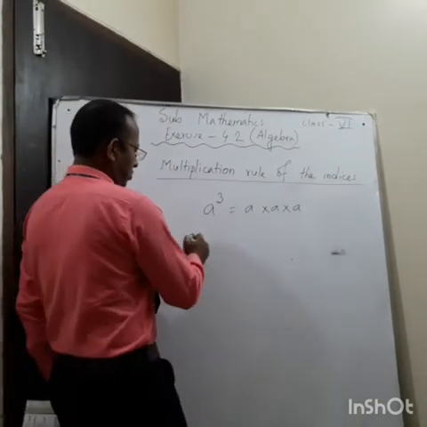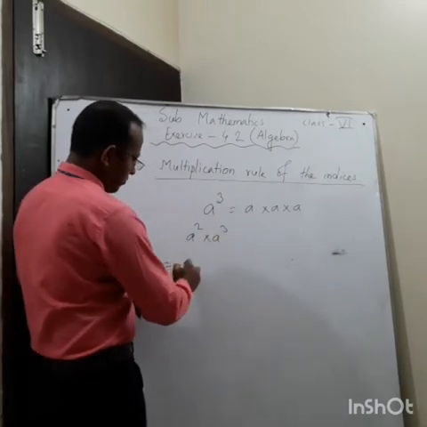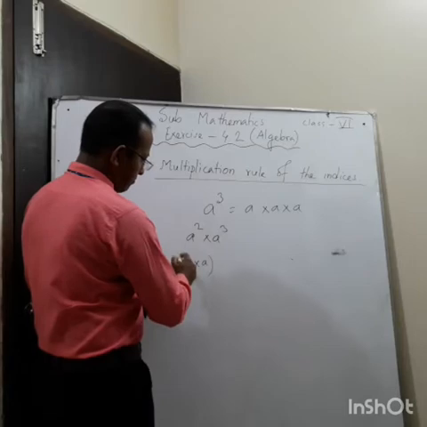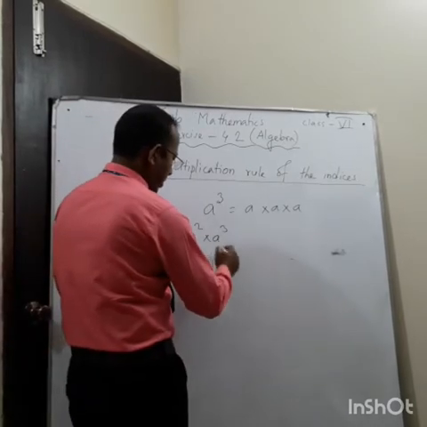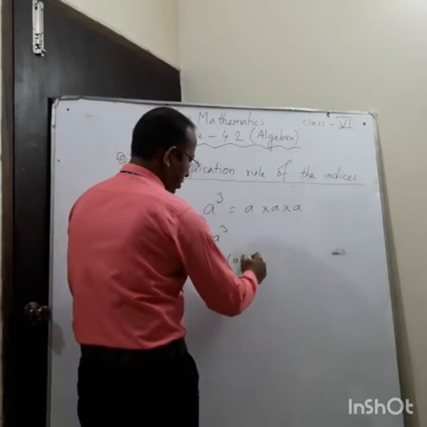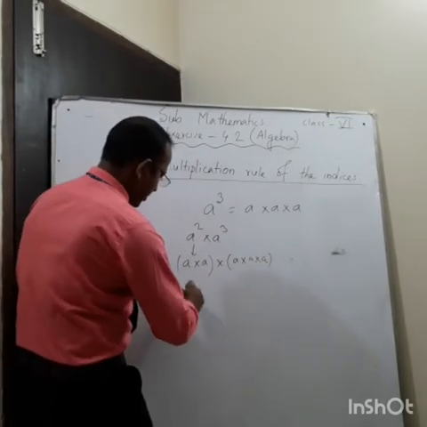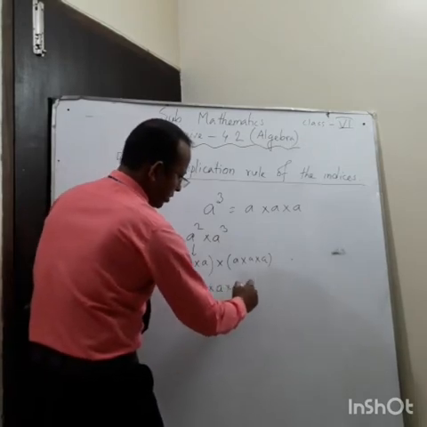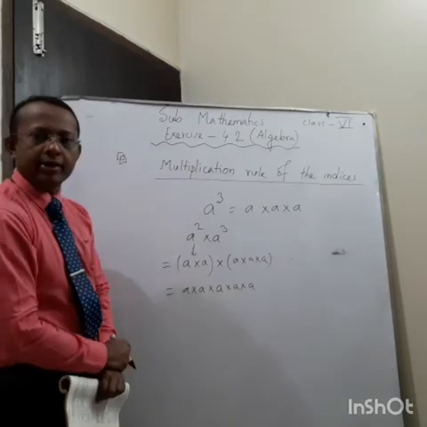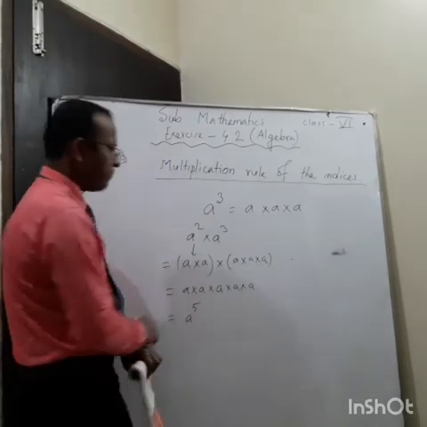Now a to the power 2 into a cube is equal to a into a for a square, and a cube equal to a into a into a. Finally, this is a into a into a into a into a. There are 5 A's, so this is a to the power 5.